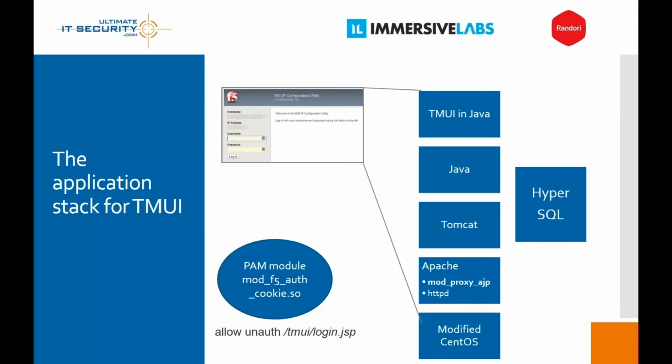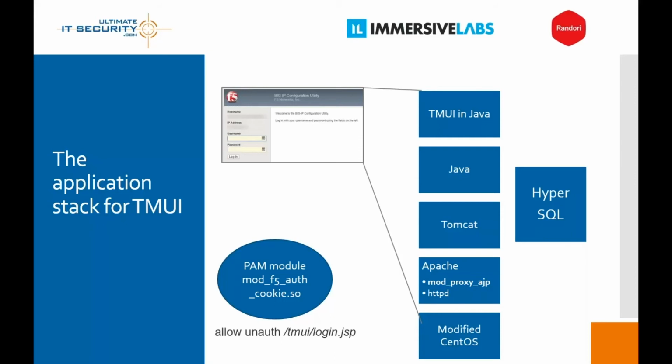The other thing here is for authentication, they're using a PAM module, pluggable authentication module, and that's a good thing. That's the right way to do authentication in Linux. But I think important to this is that's where the logic for limiting which pages you can access without authentication is enforced.